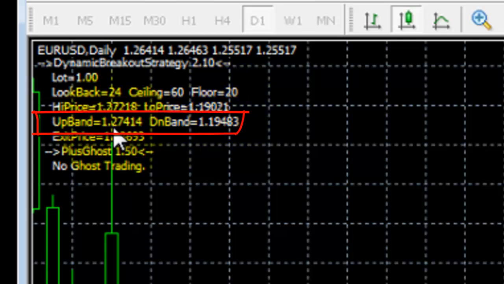The upper band is the upper limit of the Bollinger Band for N bars, which is 1.27414, and the down band is the lower limit of the band, which is 1.19483, and the exit price is calculated as the simple moving average of N bars.